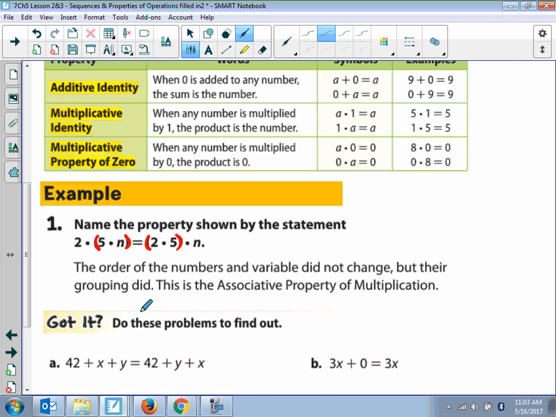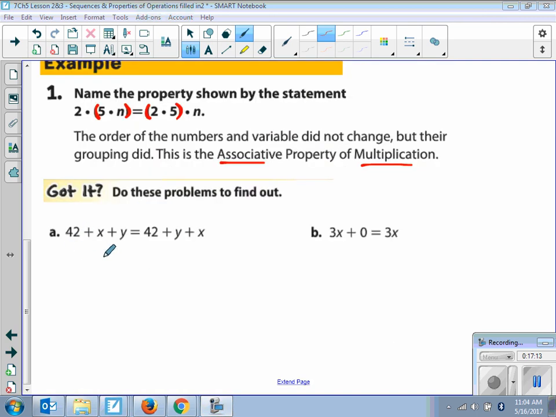So if we're grouping differently with 3 numbers, that is going to be the associative property. And I do want you, when you are naming your properties, to be specific. This is the associative property of multiplication.